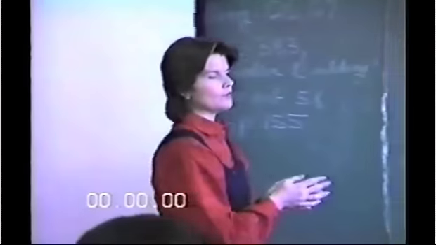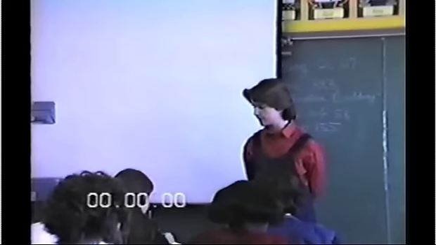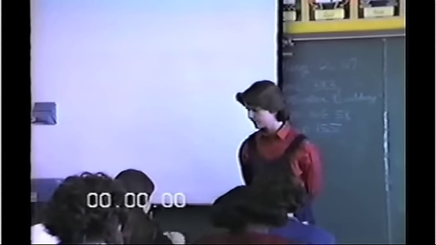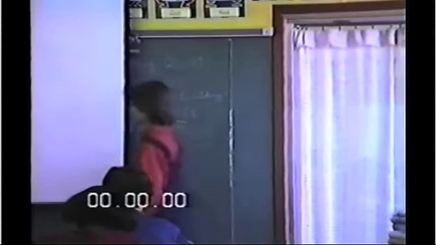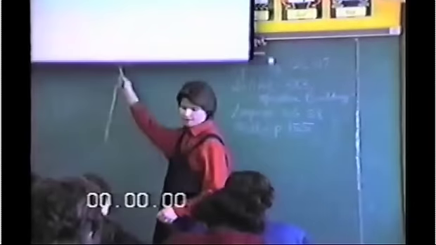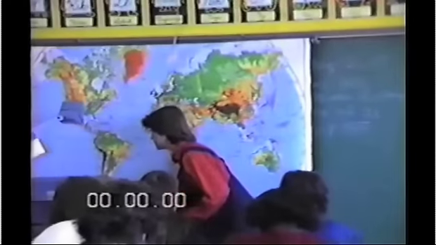Look in your books at page 251, excuse me, 251. On page 251, you should see some examples of plates drawn. Right. Looking at that map, find the plate that would include India.